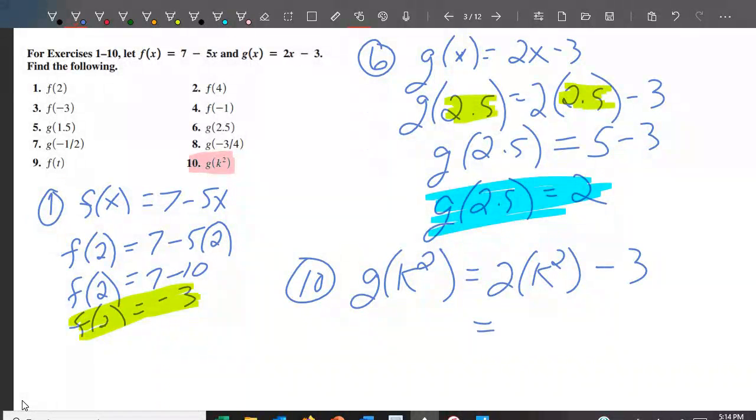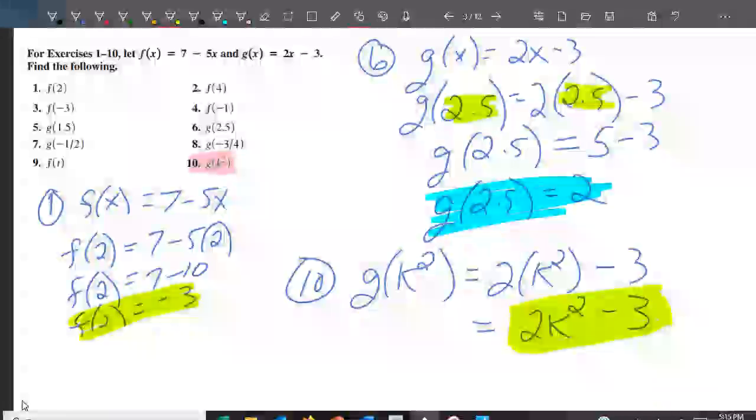So we just end up with 2k squared minus 3. There's not really much I can do with that. Later on, there'll be some special stuff we'll be able to do when plugging something in other than a number. But you just plug whatever's in the parentheses in for x and simplify.